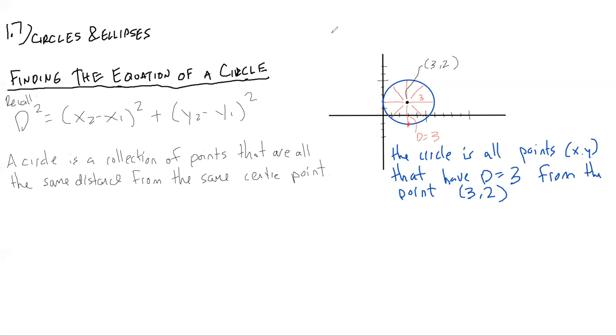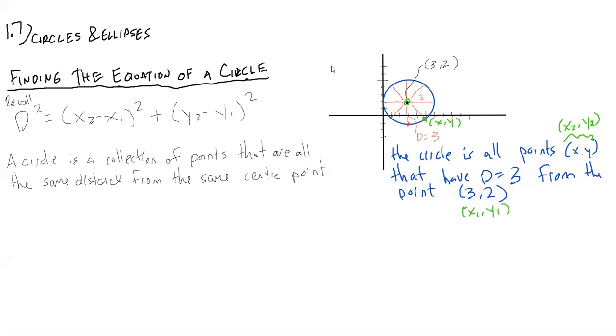So if we plug this into the formula, what I could say is that this x, y for any point might be my second point, and the point 3, 2 might be my first point. Oh, sorry, this should be a 2 up there. It doesn't totally matter what order you choose, but this one's just going to look a little bit nicer in the formula. And then we have d equals 3.